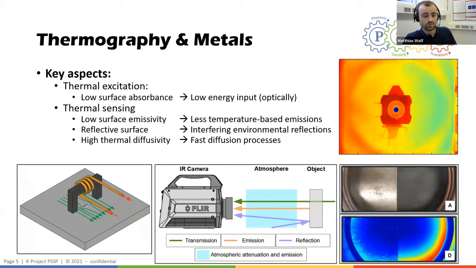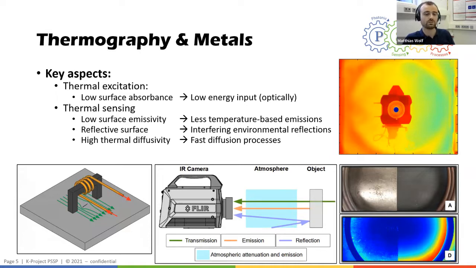Usually only the temperature-related infrared emissions are the primary quantity of interest. That's why it's sometimes difficult to get just that part of the measured signal. For example, in the two pictures on the bottom right of my slide, we have a metal specimen where we applied black coating on one of the sides and reheated the sample using eddy currents.